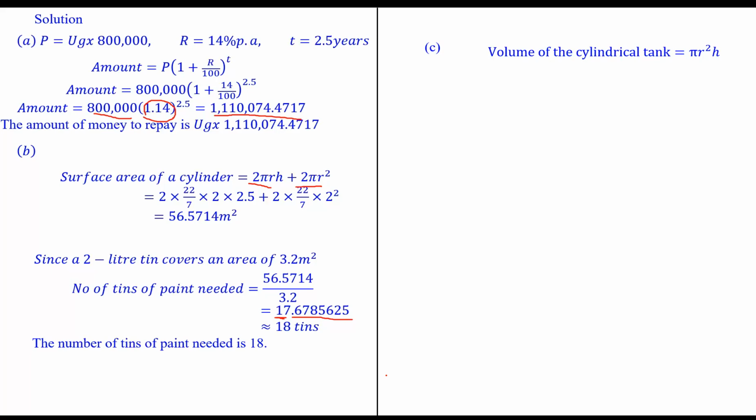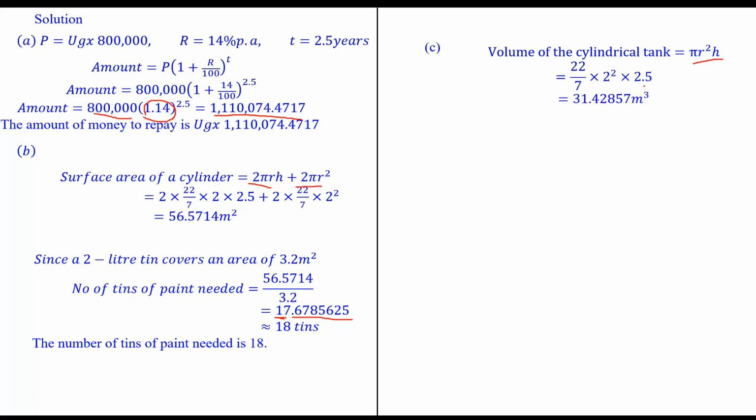So let us go there and try to calculate the volume of the tank. The volume of the tank, because it is cylindrical, will be given by pi R squared H. Let us substitute. We have the height in meters, so we shall first calculate the volume of the tank in cubic meters, then after we convert to liters.